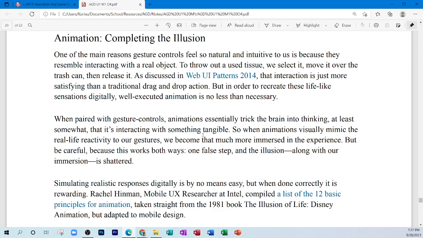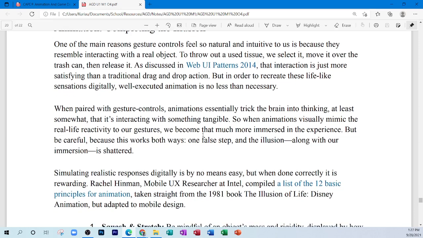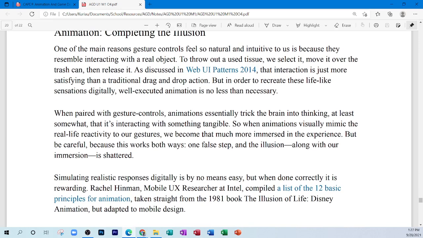So when animations visually mimic the real life reactivity to our gestures, we become that much more immersed in the experience. But be careful, because this works both ways. One false step, and the illusion, along with our immersion, is shattered. Simulating realistic responses digitally is by no means easy, but when done correctly, it's rewarding.